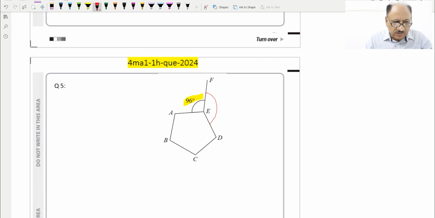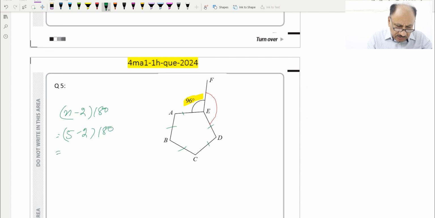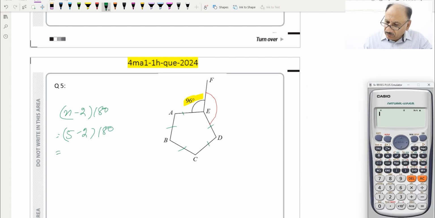Show your working clearly. Okay, so we know the formula. What's the formula? n minus 2 into 180, this is the sum of interior angles. We are having 5 sides, 1 2 3 4 5 sides. So 5 minus 2 into 180, and 5 minus 2 will be 3. 3 into 180 will be equal to 540.